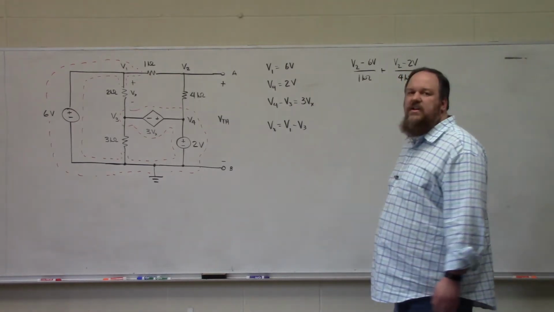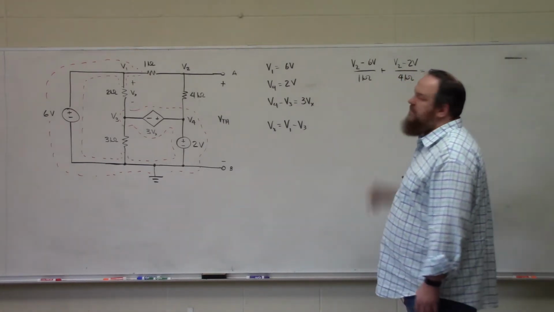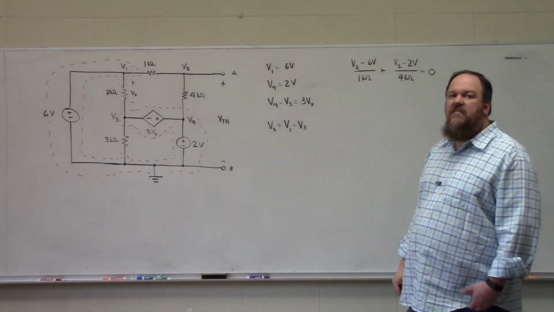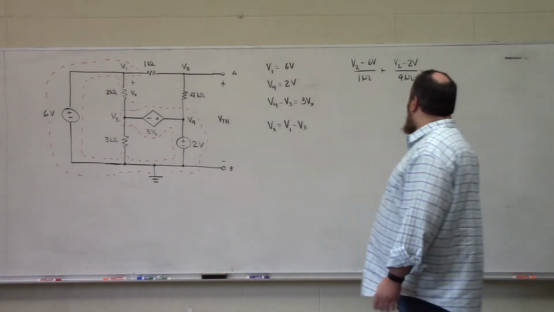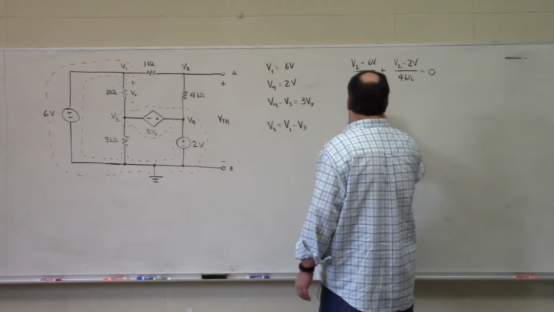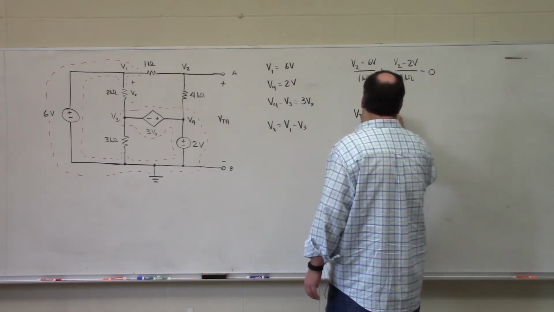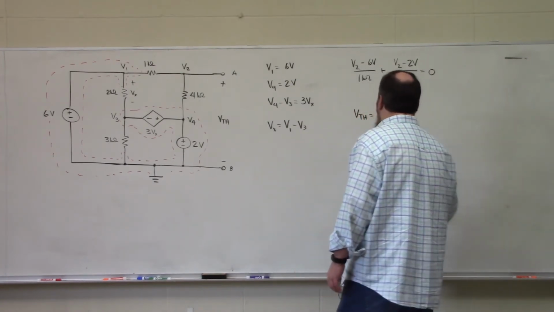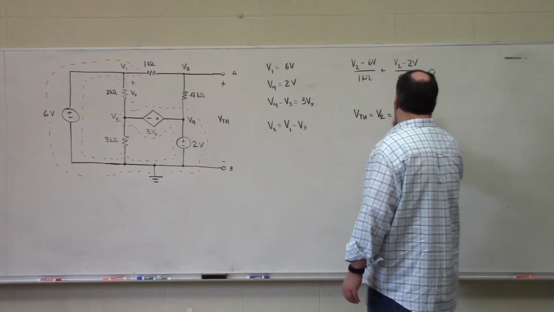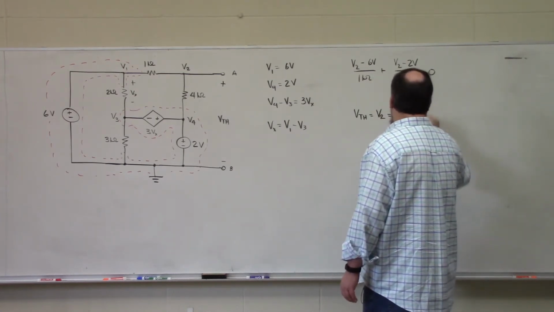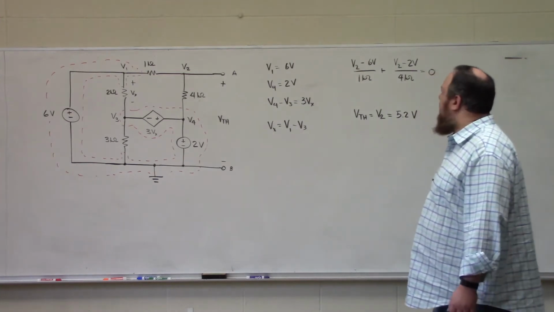So KCL at node 2 gives us the means to determine V Thevenin with one equation, one unknown. So V Thevenin is equal to V2, which is 5.2 volts in this case.